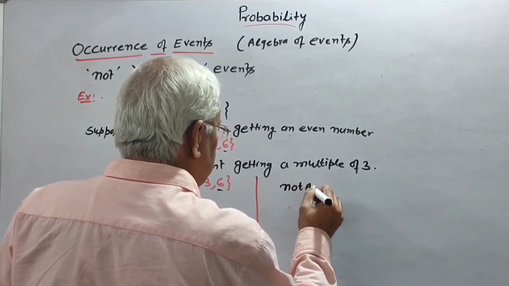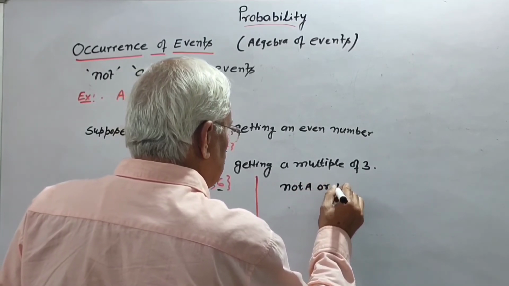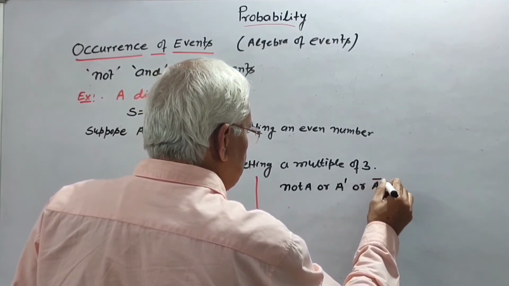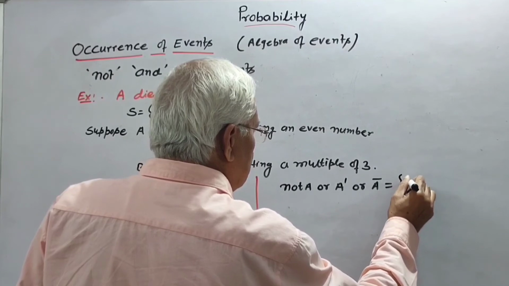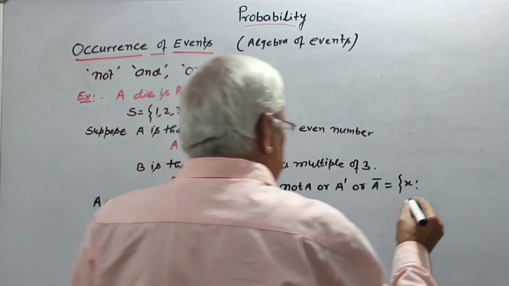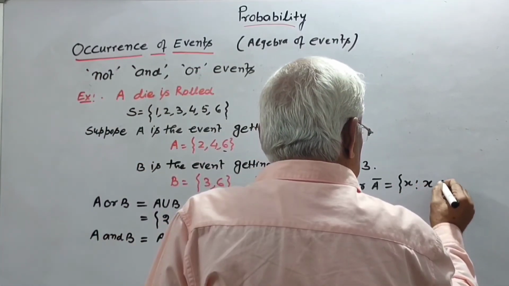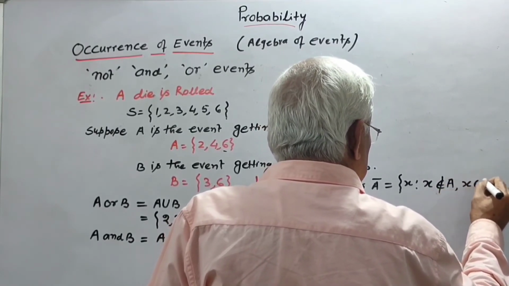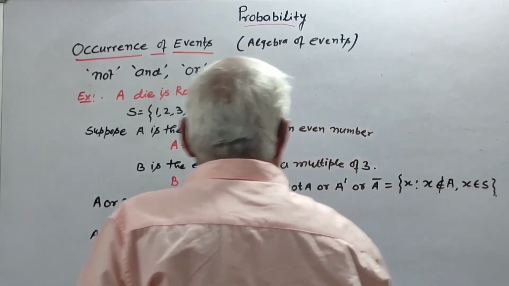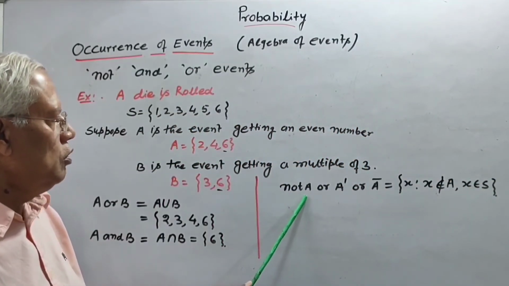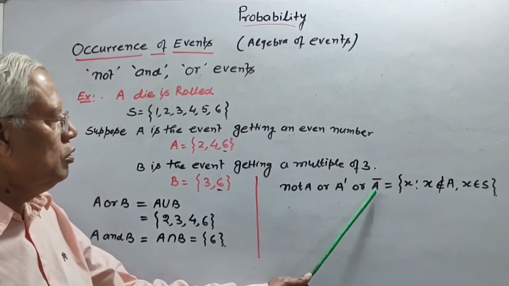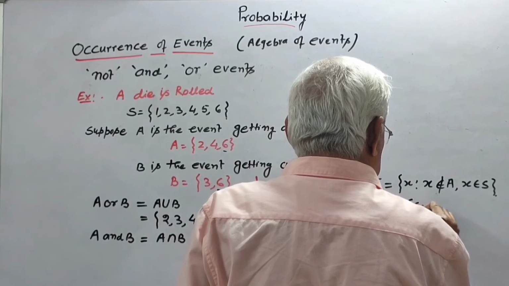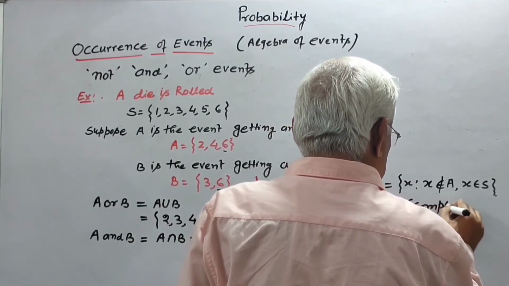Now meaning of not A, you can say it as A dash or it is A bar. The elements X such that X does not belong to A, X belongs to S. Event not A or A dash or A bar, meaning is the same. Complementary event.